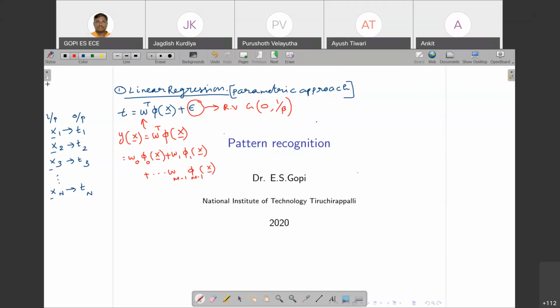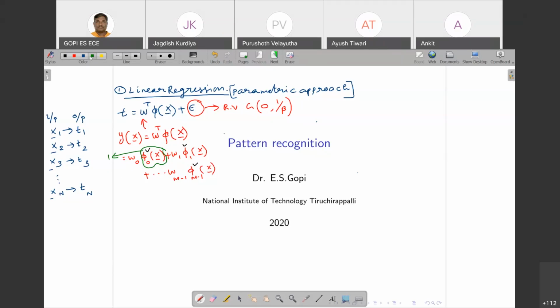So there are M basis functions here, phi naught, phi 1 and so on up to M minus 1. In practice, the basis function phi naught of x is chosen as 1. All those things we already know, right? Our requirement is to estimate this w given data.